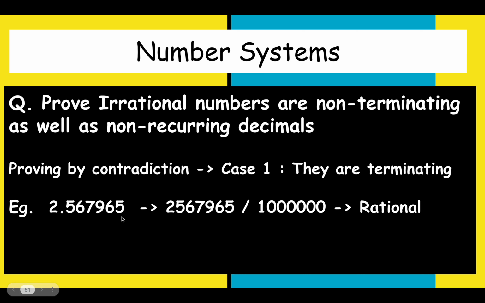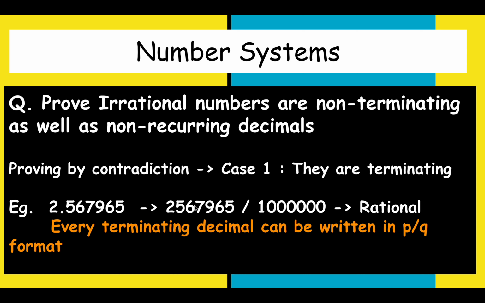How we can write it as a fraction is by just shifting the decimal point ahead. There are 6 decimal places, so we shift 6 decimal places and divide by 10 raised to 6, and this is a rational number of p by q form.